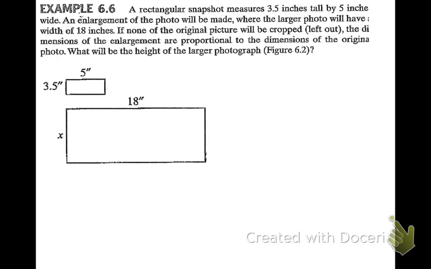So, how would I solve for x? Yeah, so what would my fraction read? 5 over 3.5 equals 18 over x.